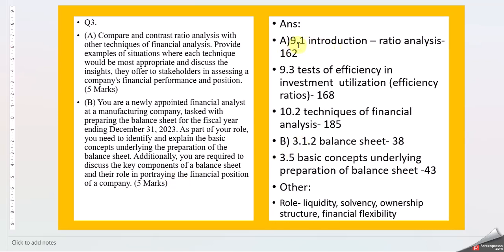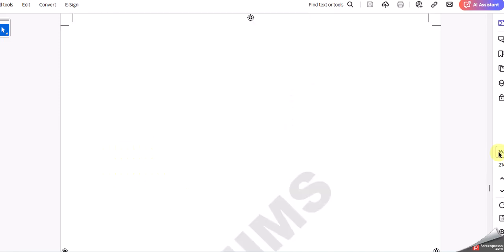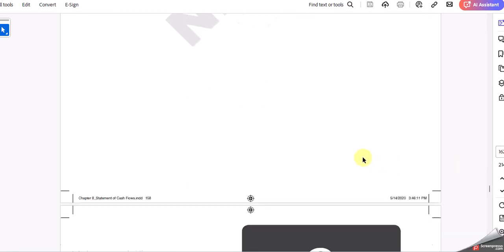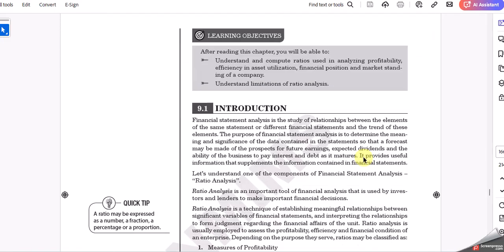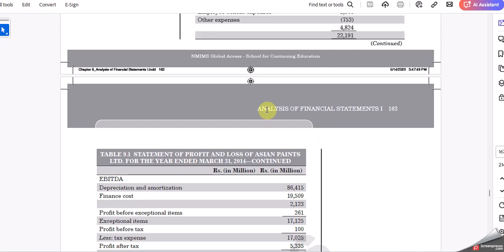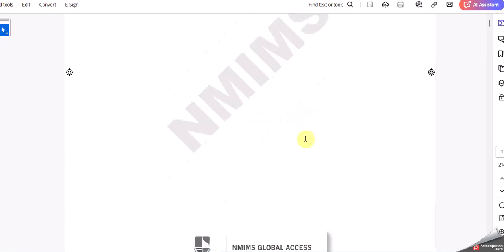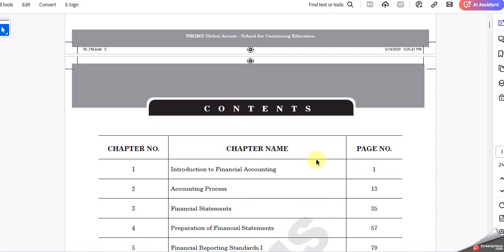For part A, we will be looking into the introduction of ratio analysis, page number 162. The mismatch of pages happens only because initially the page numbers are different.